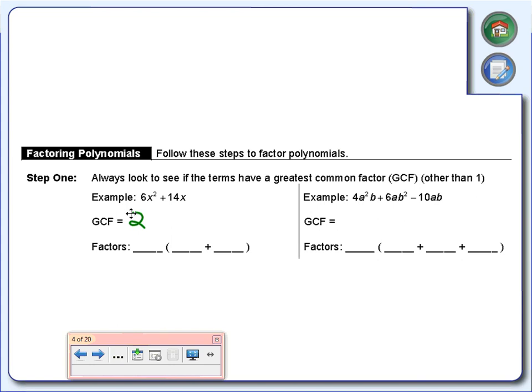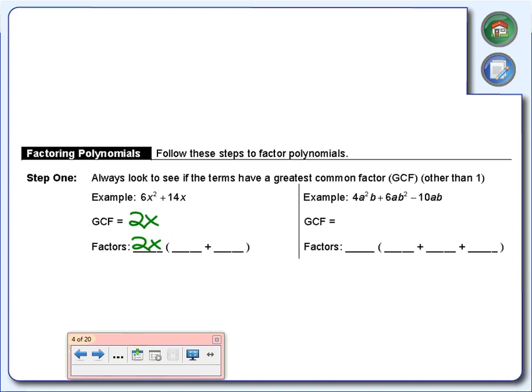But if you look closely, there's something else that these two terms have in common. What else do you notice that they both have in it? They both have an x in it. All right, so we're also going to include that as part of our GCF, our greatest common factor. So I'm going to call the GCF 2x. It's the largest thing that goes into 6x squared and 14x.